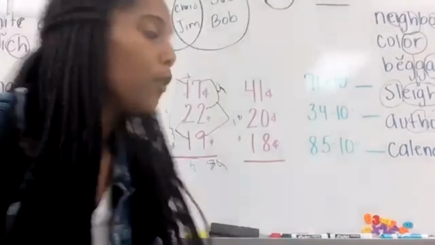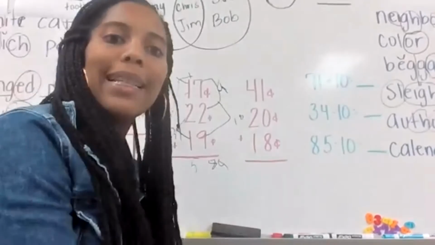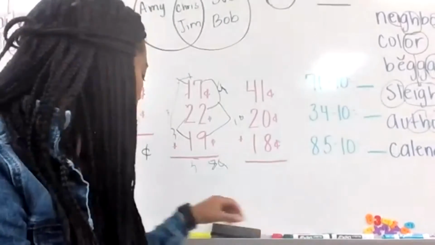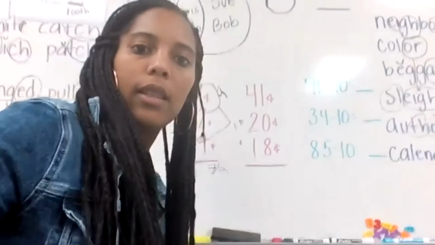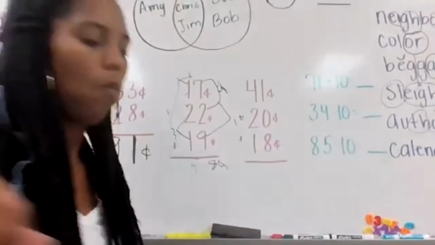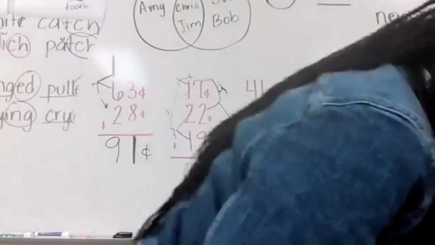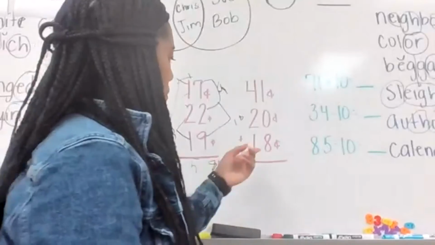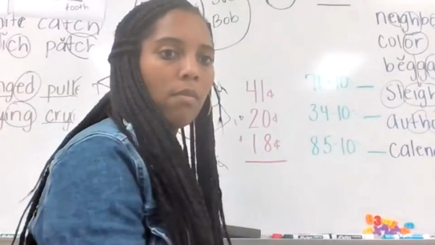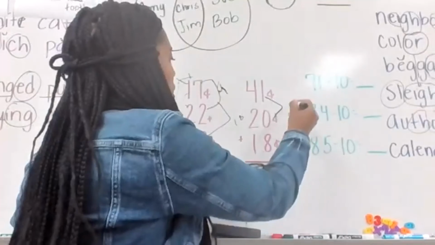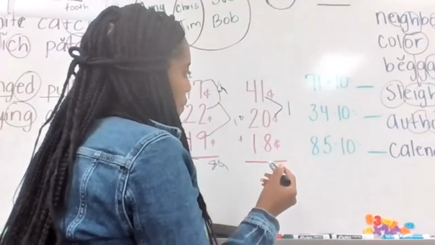All right. Okay. So 41 cents plus 20 cents plus 18 cents. Anybody want to walk us through this one? Okay, Harlem, go ahead. Start with the back number. 1 plus 0 is 1.